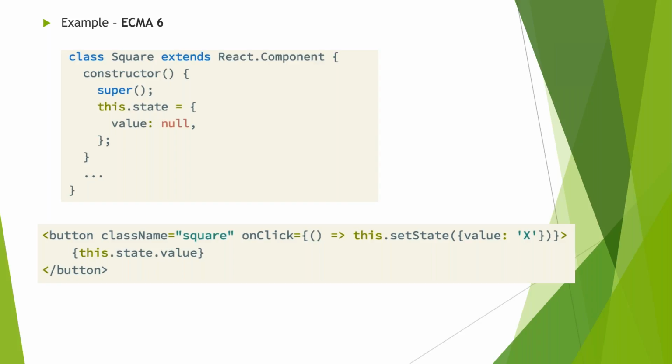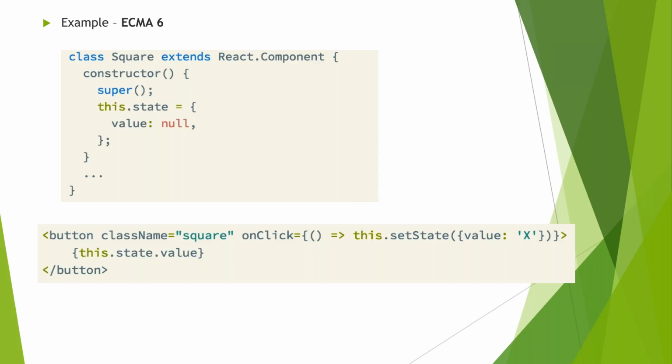This.setState function is very important when you consider state, because this is the only way you are actually going to set your state variables. Setting a state variable means whenever you want to change the value of a state variable, you call this function, this.setState. Inside that, you tell it which state variable you want to change, and then give it the new value you want to give to this state variable.